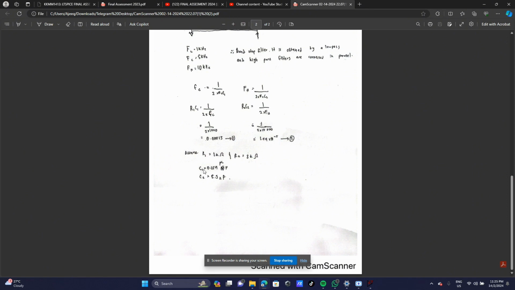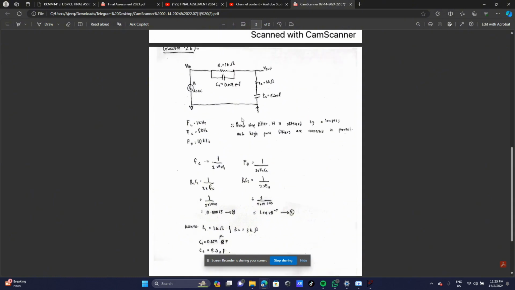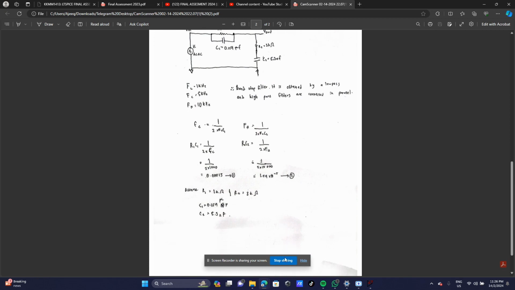And then C1 is 0.159 microfarad, and capacitor 2 is 5.3 nanofarad, and we just substitute on R1, C1, R2, C2, and then we find that it is a low pass and high pass connected in parallel, and we consider it a band stop filter. Thank you for hearing my presentation.